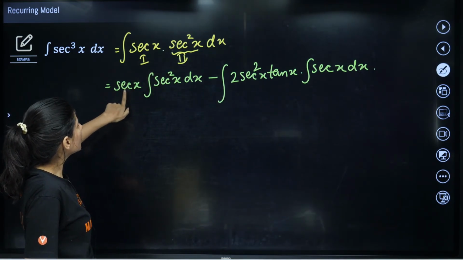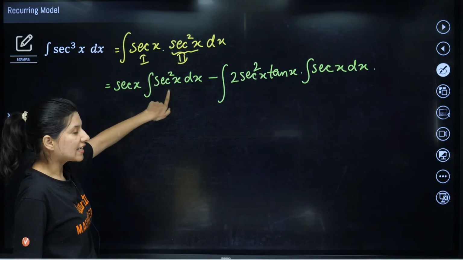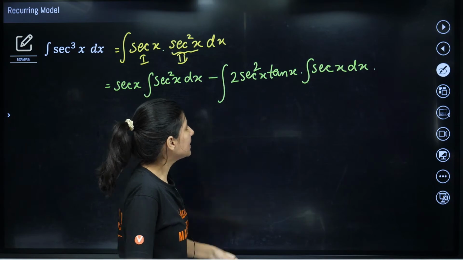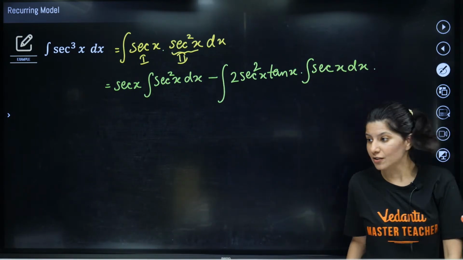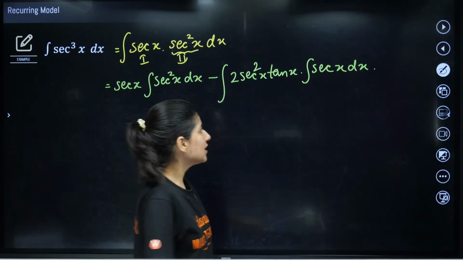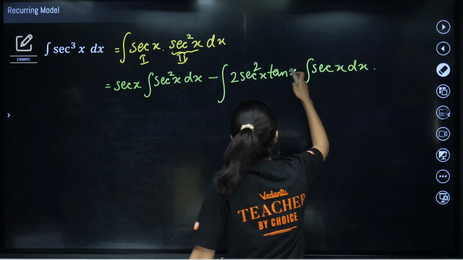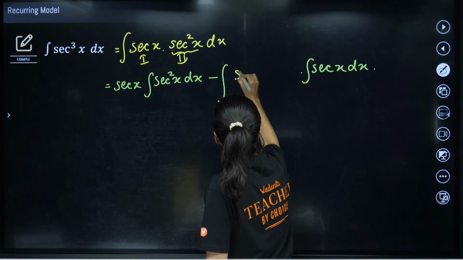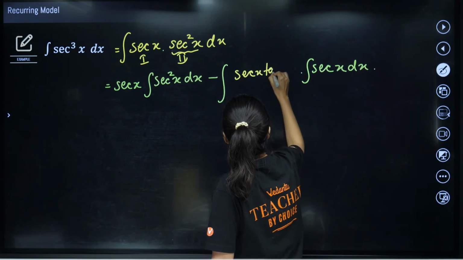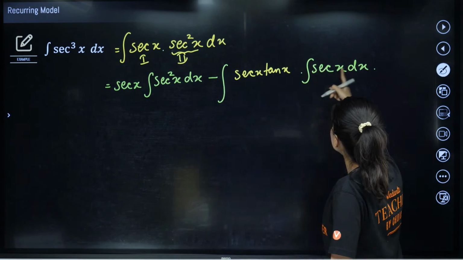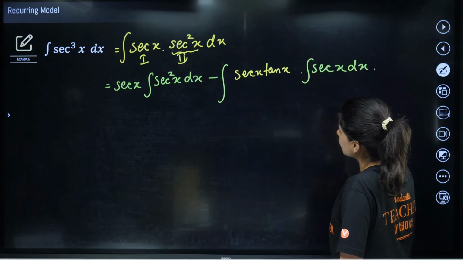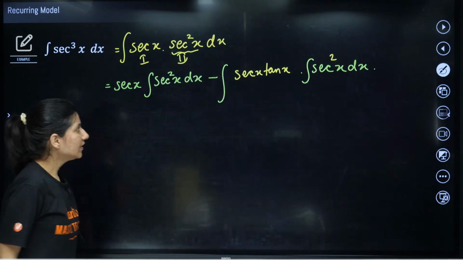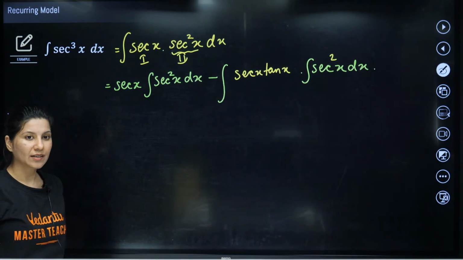So first function constant, integration of sec square x minus integral of differentiation of first function. So differentiation of first function, hold on, I have made a mistake over here. So differentiation of first function will be what? Sec x tan x, right? And integration of this sec x, sec square x. Now it's perfect. Tell me. Yes, perfect.